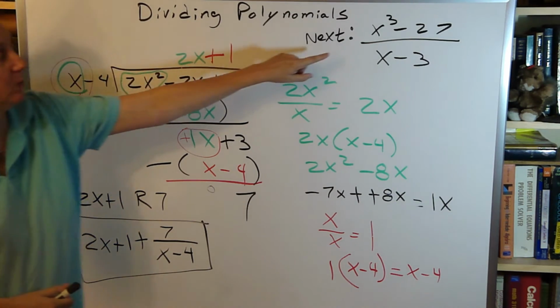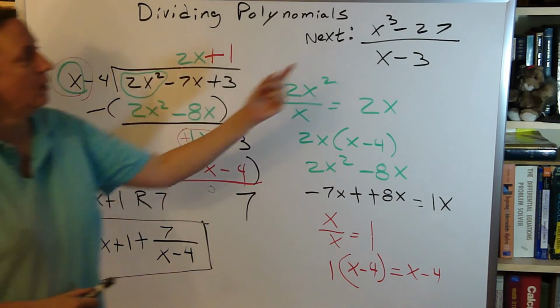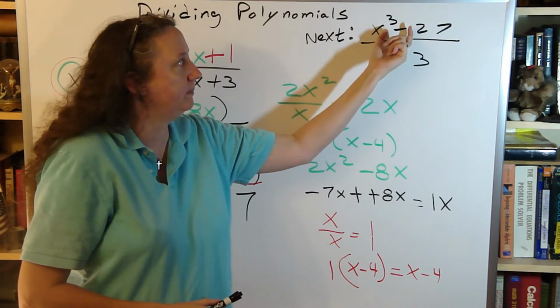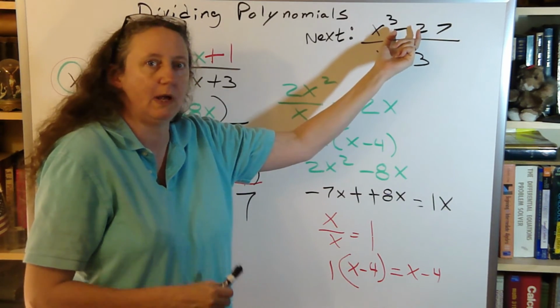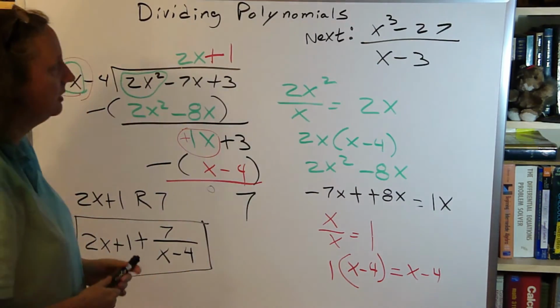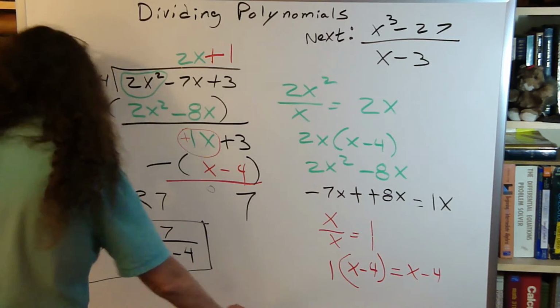Next problem to work on is over here. We have an x cubed and a constant, but no x squared, no x to the first power in there. We need to make up for that. So think about what you would do with that before I get my board erased.